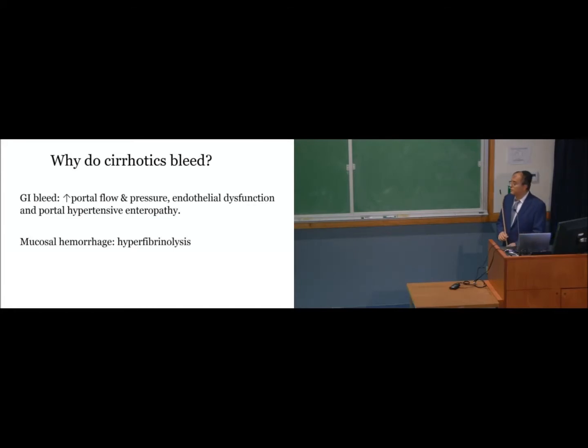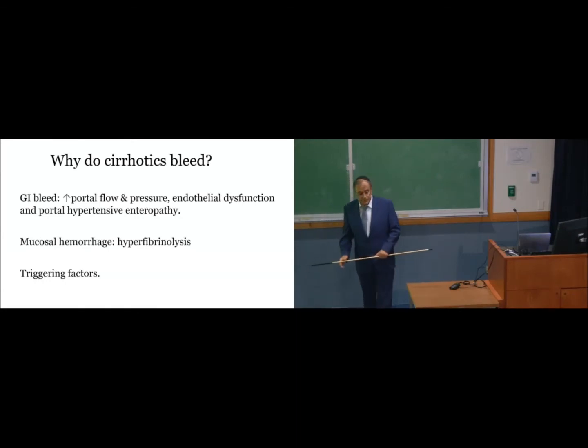Mucosal hemorrhage or skin lesions, hematomas and bruises, are usually due to hyperfibrinolysis. And it is important to know that triggering factors such as infection, development of hepatorenal syndrome, or decompensation due to portal vein thrombosis lead to hemorrhage. It was actually found that if you give antibiotics, you control GI bleeding better than when you give factors prophylactically.